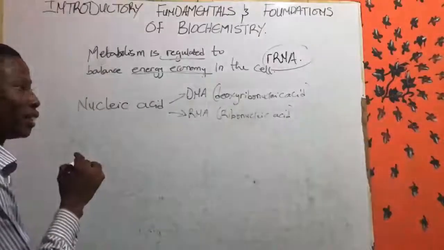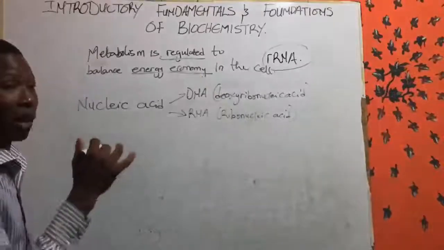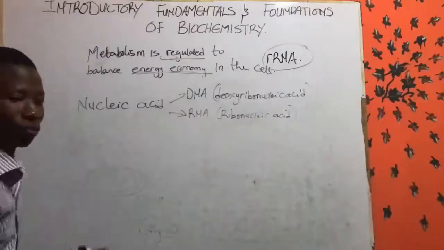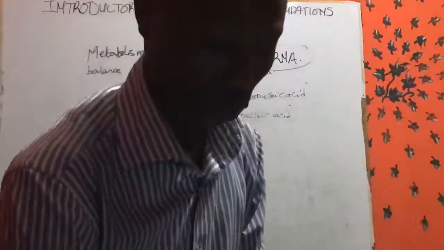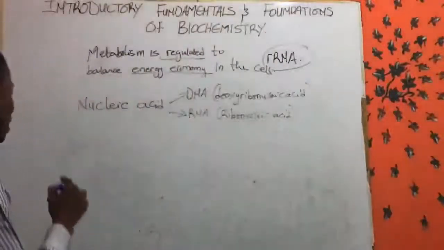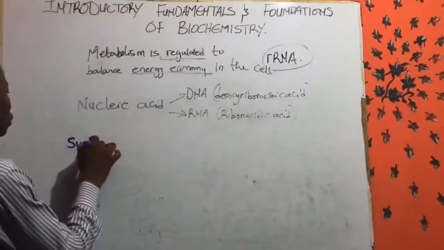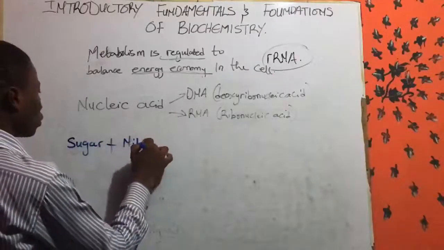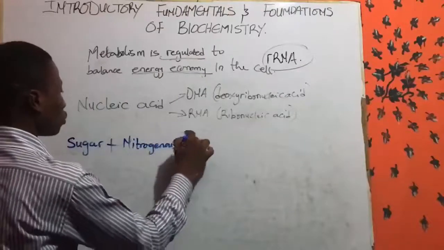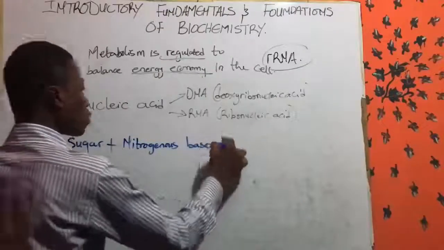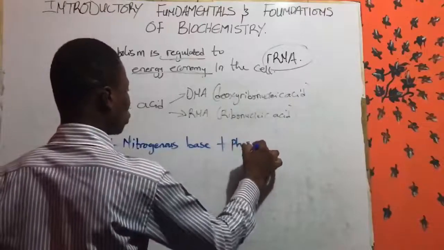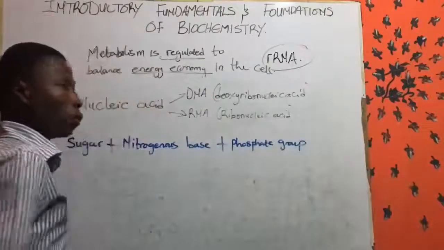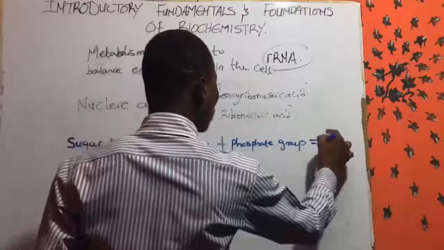Your cell has the ability to match sugar with a nitrogenous base and with a phosphate group to give you a molecule known as a nucleotide.